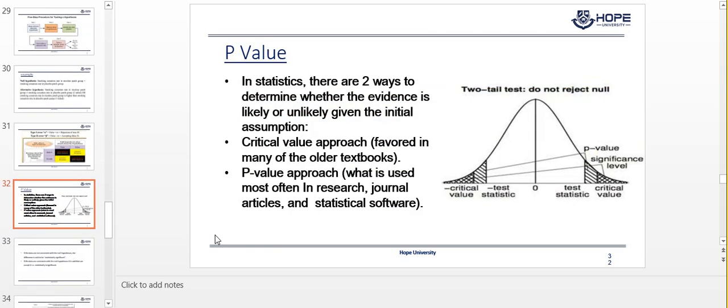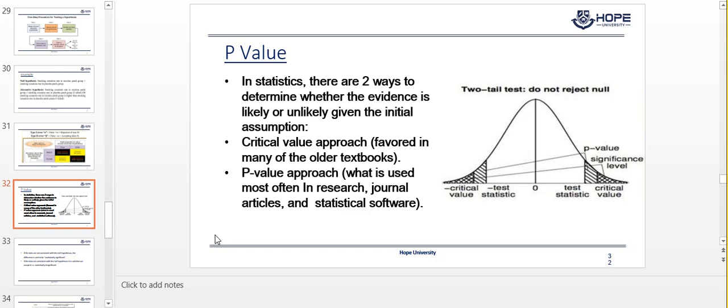What's p-value? In statistics, there are 2 ways to determine whether evidence is likely or unlikely given the initial assumption. Before the modern books, they were using the critical value approach, but recently we are using the p-value approach, but they are all the same. It is what we mostly use in research, journal articles, and statistical software. Look at this graph. In two tails, we have a positive side tail and a negative side tail.